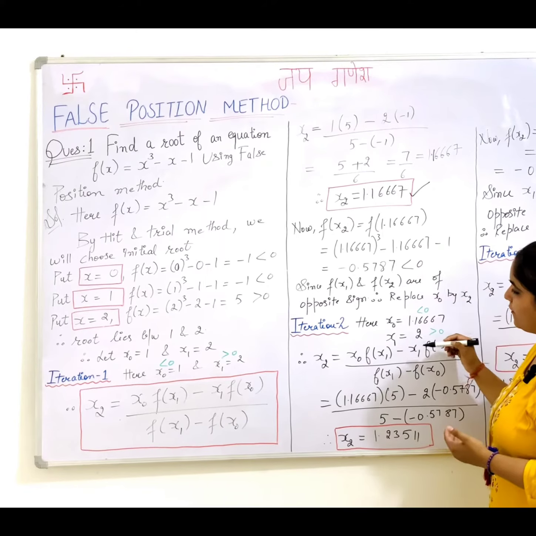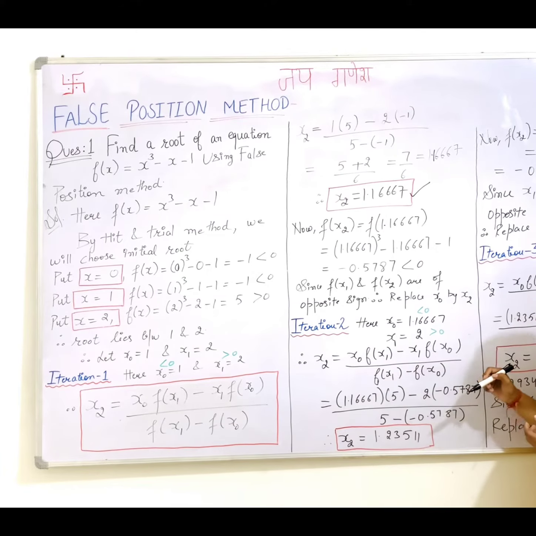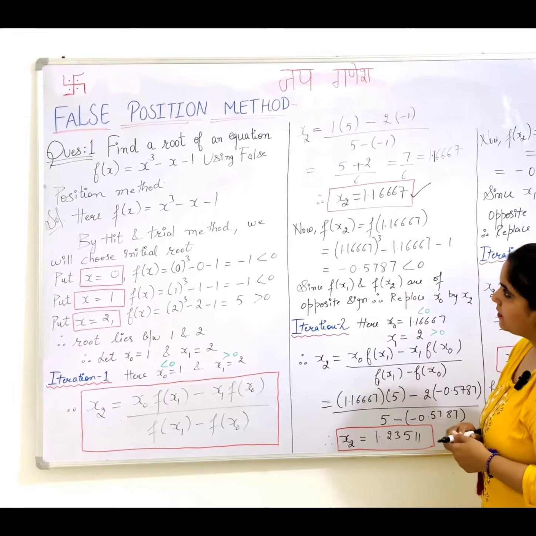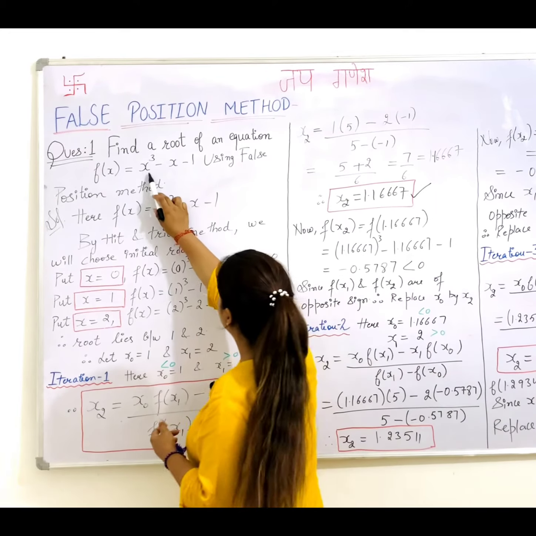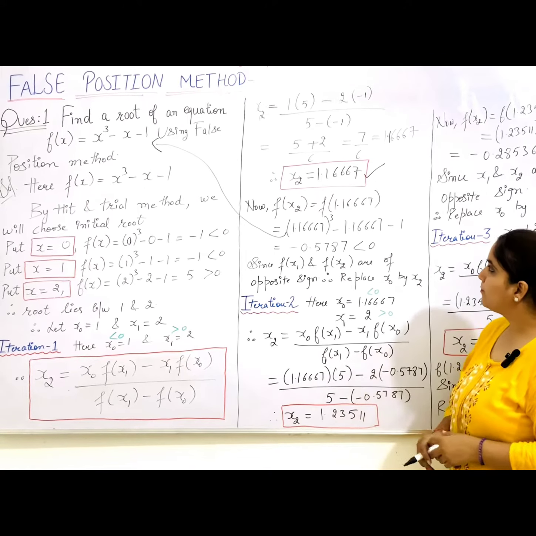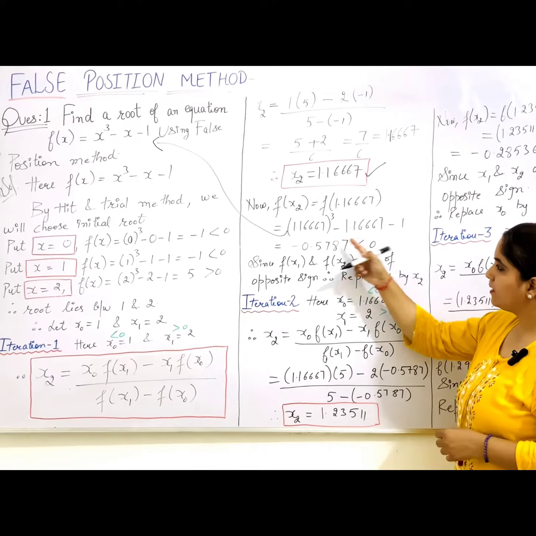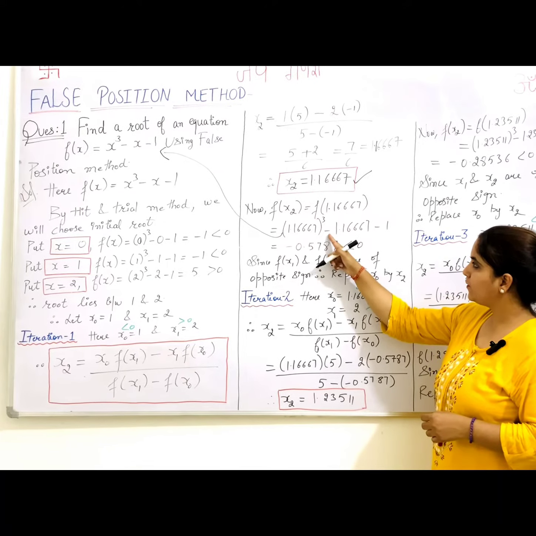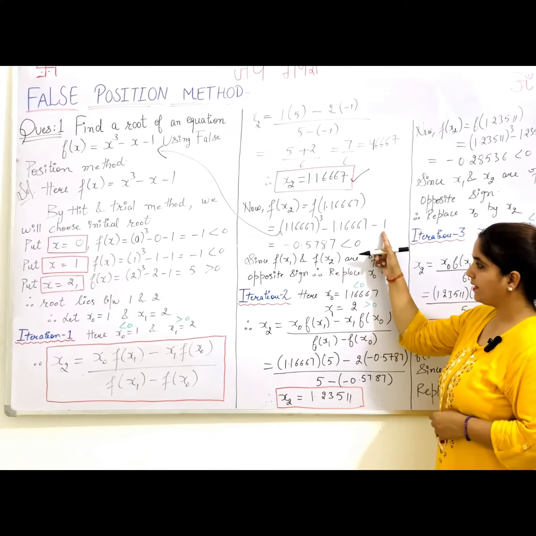So how to proceed for the second iteration? We will focus on that first. We will put this value in the given statement, that is x cube minus x minus 1. So we have substituted 1.1667 in the given equation: 1.1667 raised to power 3 minus 1.1667 minus 1.